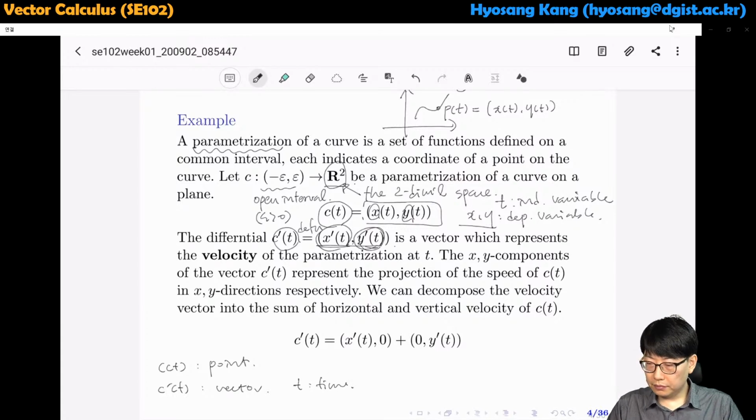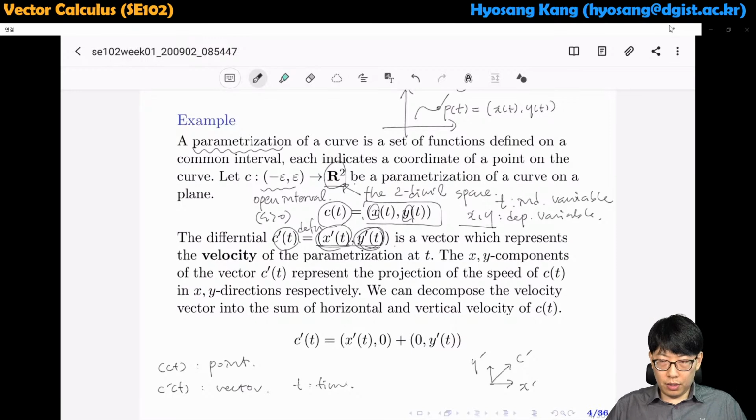And c prime of t not only measures the speed, it also measures the direction. So it moves instantaneously in the direction of x prime and y prime, which means that it moves in the x direction at the speed of x prime, and it moves in the y direction at the speed of y prime. So if you take a composition, you get the actual direction of c prime. Okay.